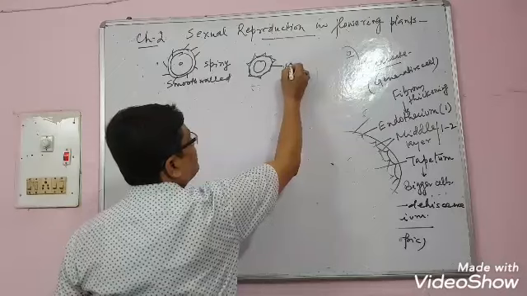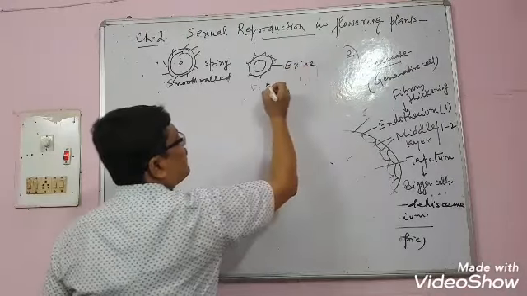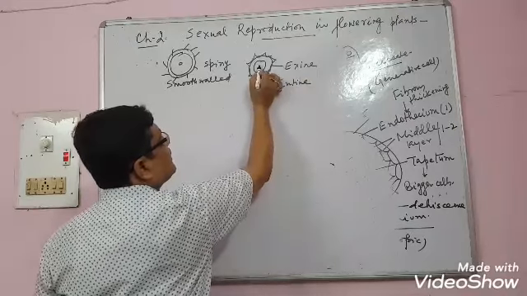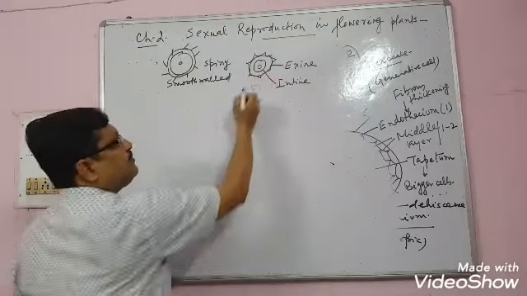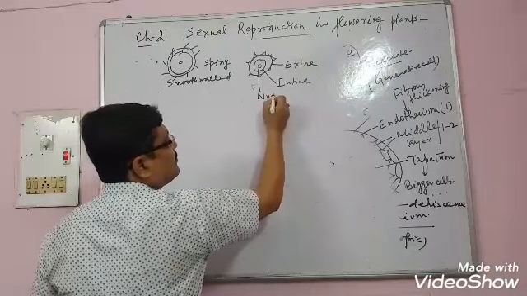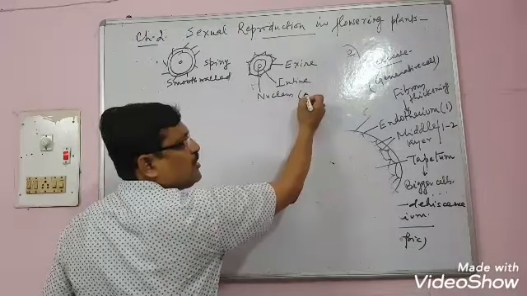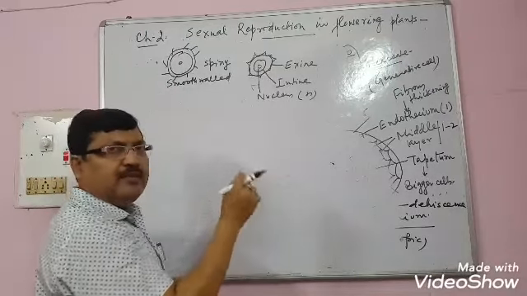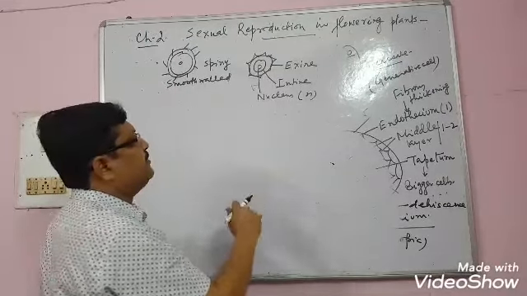This is the exine and this is the intine, and it has a single nucleus. This nucleus is haploid, means only one set of the chromosome is present within this structure.